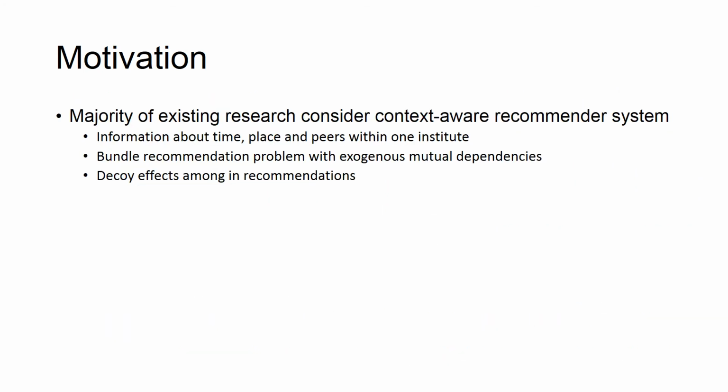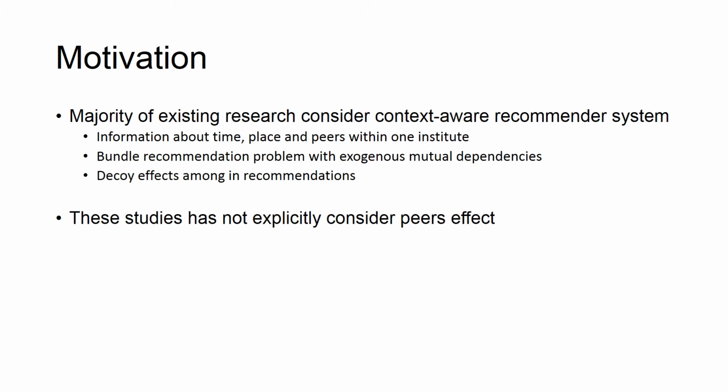Some existing studies have considered this kind of information. They term it contextual information. They include time, place, and peers within one institute into the recommender system. Some of them also consider bundle recommendations and decoy effects. However, none of them have explicitly considered the peer-aware effect.